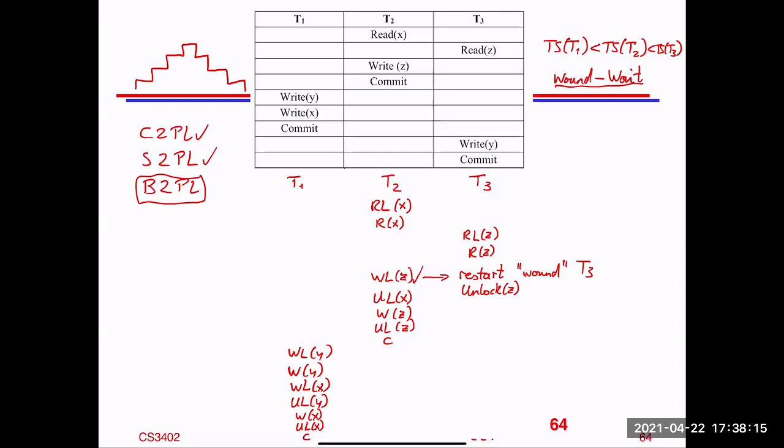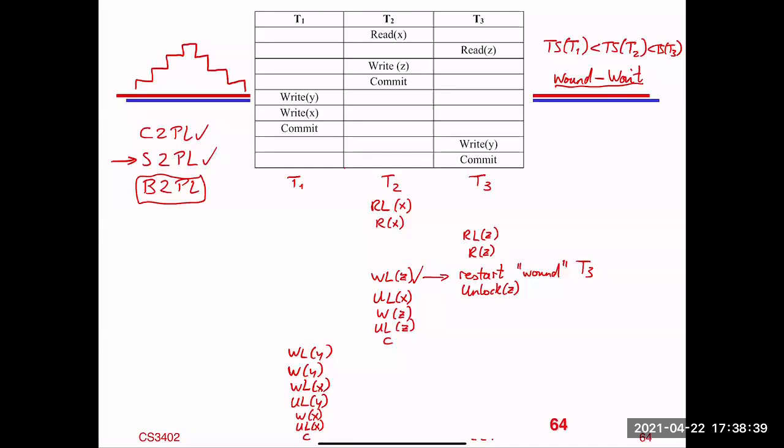Okay, there's another question. Why is the unlock before C? C means commit. Only for strict two-phase locking must you unlock after committing.